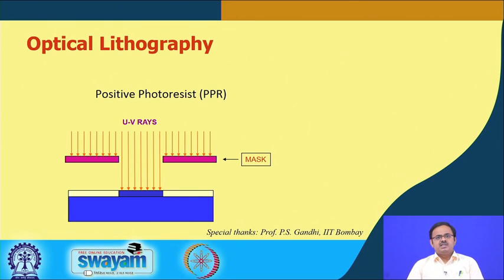So, next what happens is it changes the properties of the photoresist which was subject to UV light, which can be removed easily or not, we will see. So, in positive photoresist we remove that, okay, and the remaining part is retained. Clear?